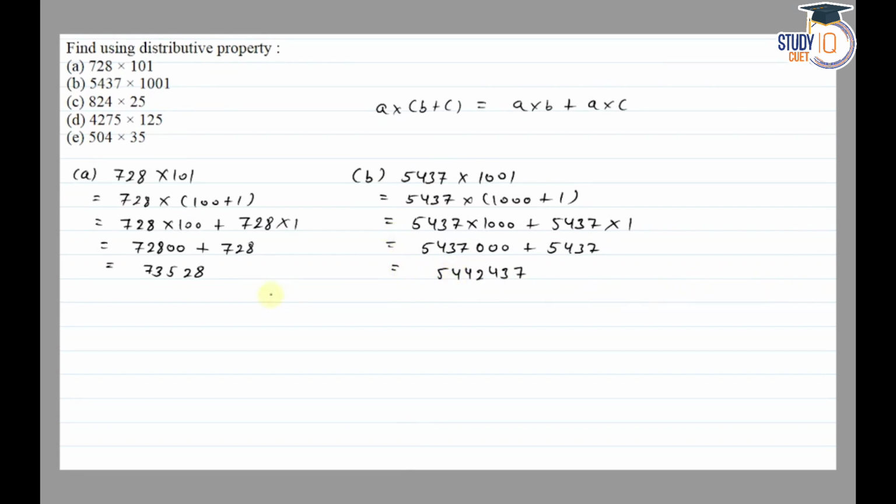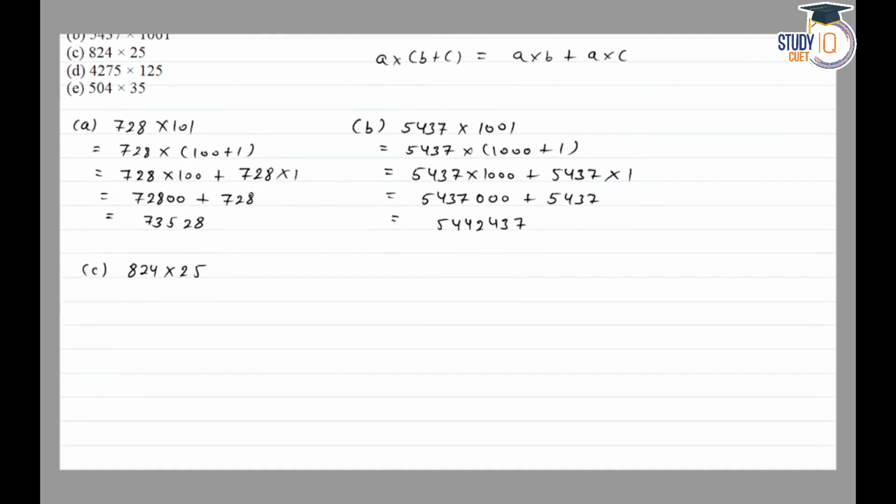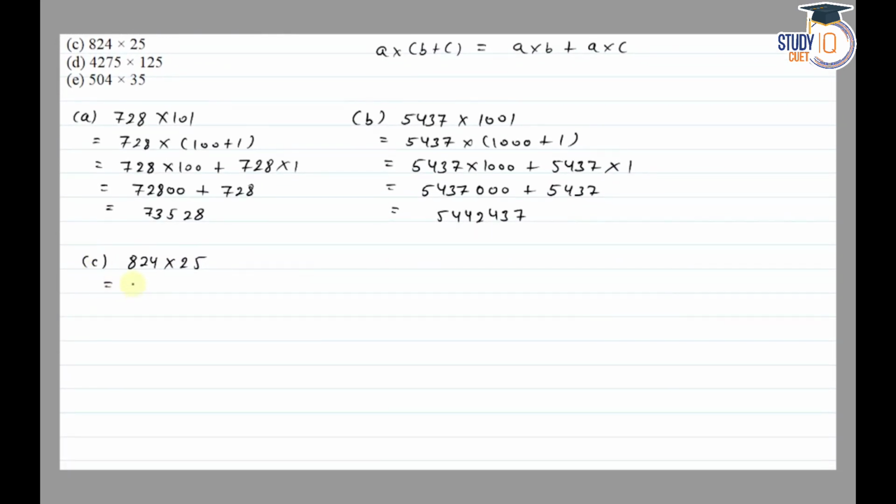So part C is 824 into 25. So 824 को हम ब्रेक कर लेंगे 800 प्लस 25 minus 1 में, then multiplied by 25 by using distributive property. 800 into 25 plus 25 into 25 minus 25 into 1.